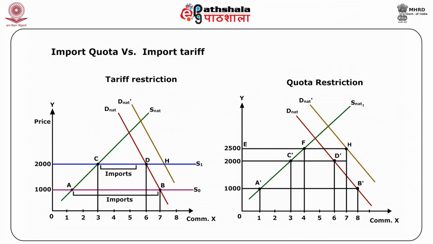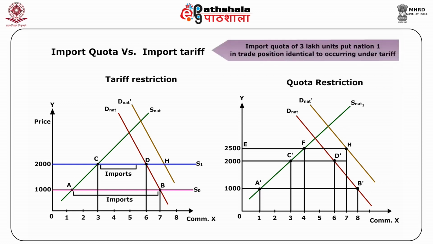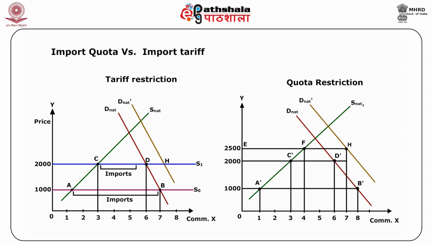In figure A, a tariff of $1,000 will raise the price of commodity X from $1,000 to $2,000, and so commodity X imports will fall from 7 lakh units AB to 3 lakh units CD. In figure B, an import quota of 3 lakh units would put nation 1 in a trade position identical to that which occurs under the tariff, and the rise in price is the same, from $1,000 to $2,000.